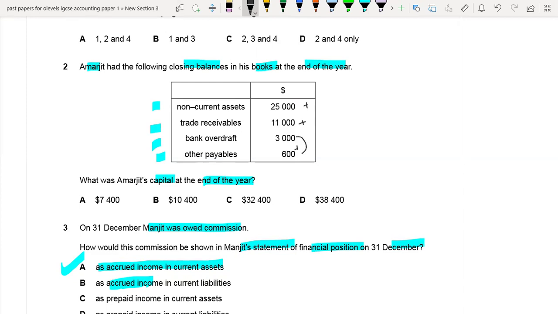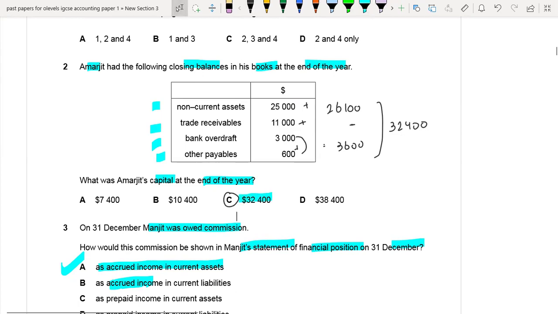So 3,000 plus 600 is 3,600, and 25,000 plus 11,000 would be 26,100. If we deduct these, you will have 32,400. So option C is the right option.